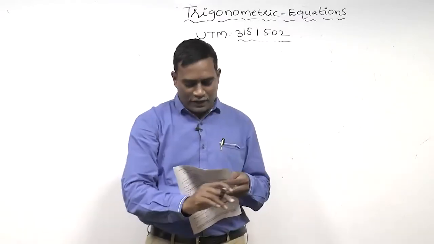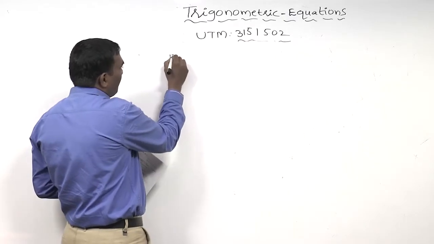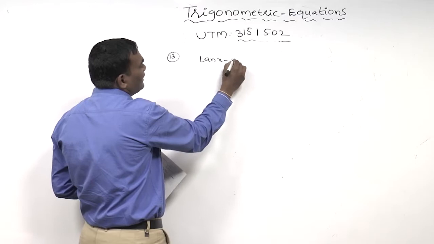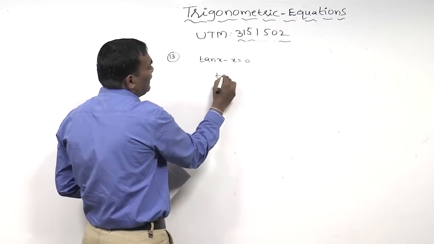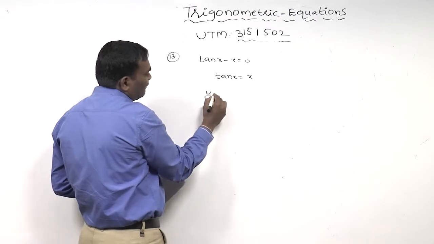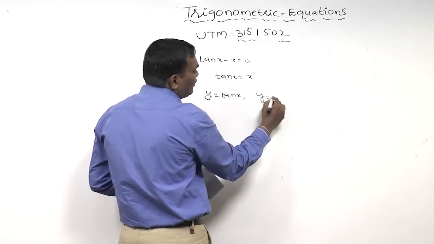What is the positive root of the equation? Here tan x minus x equal to 0, so tan x is equal to x. Do one thing: y is equal to tan x. You draw the graph of tan x and y is equal to x.